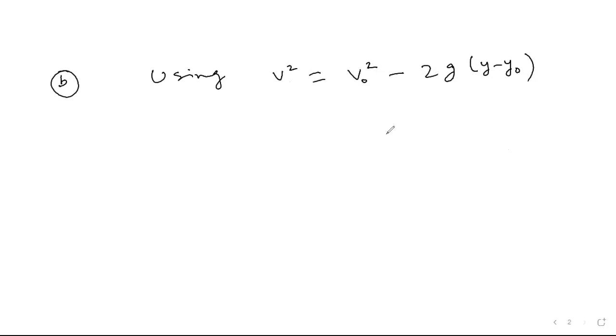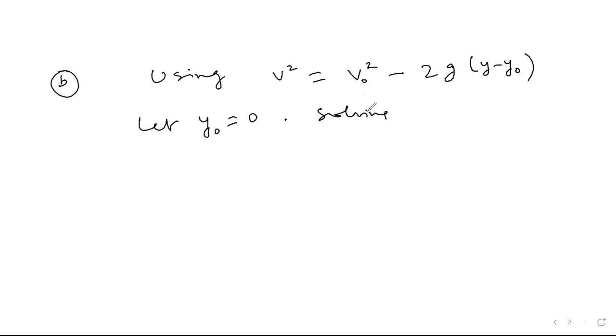So let y naught be 0. That means the point at which ball is thrown, we take the origin of the coordinate system at that point. So using y naught equal to 0, we solve for y.